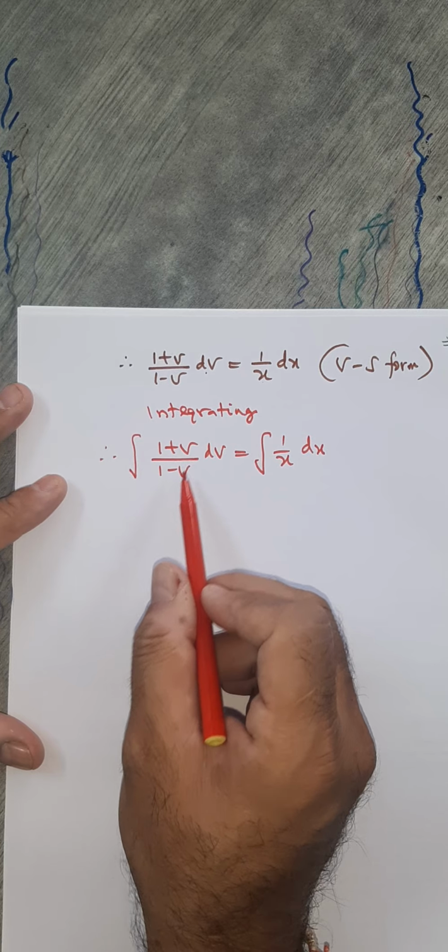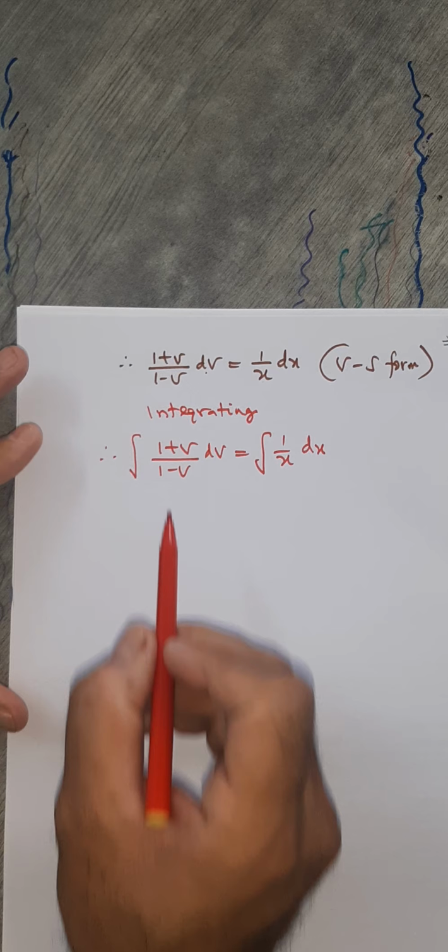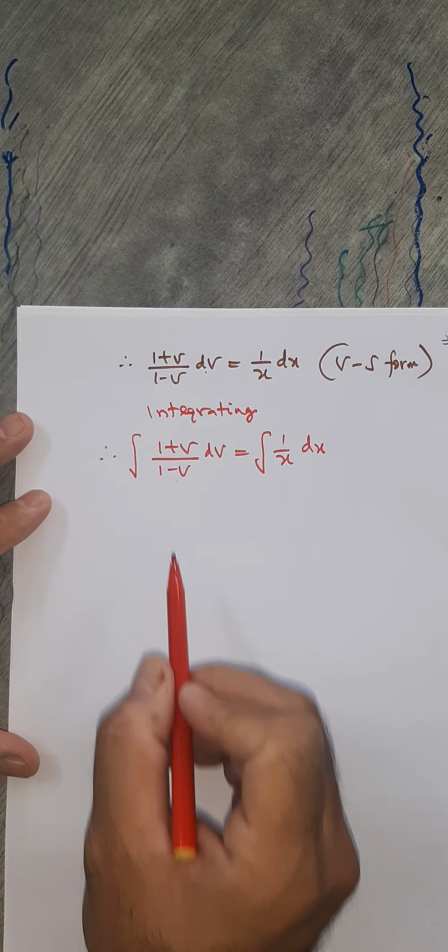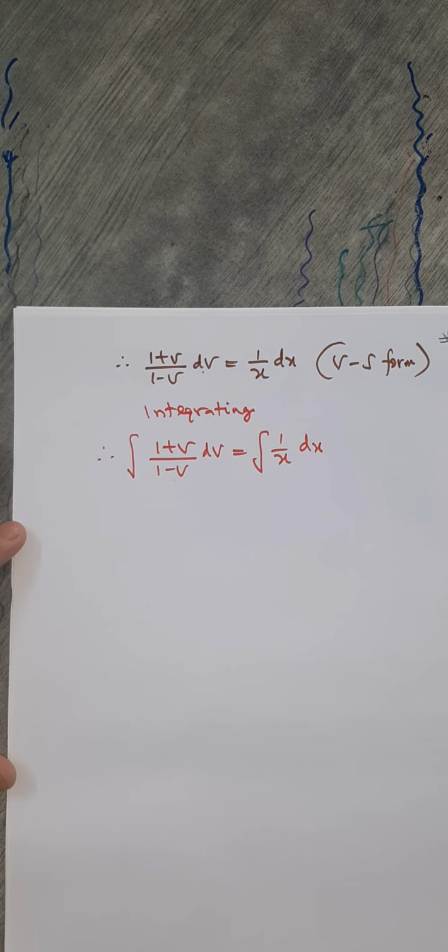How will we integrate this? This is linear upon linear form, remember. So normally in such questions, what you can do is you can set this expression over there, or you can just take some substitution also. Choice is yours how to integrate this, remember.